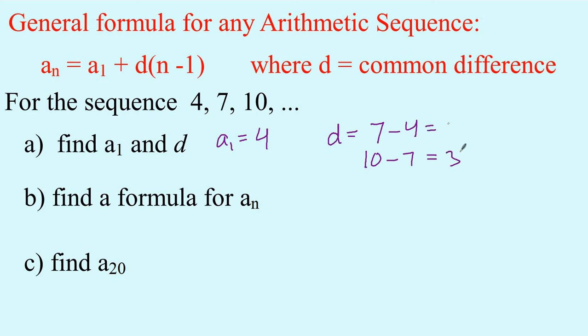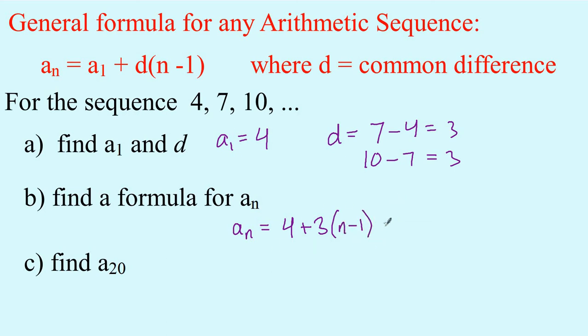Both of these give us 3. So the difference is 3. Now, to find the nth term, we would have a sub n equals the first term, which is 4, plus d, which is the difference, so plus 3, times n minus 1.